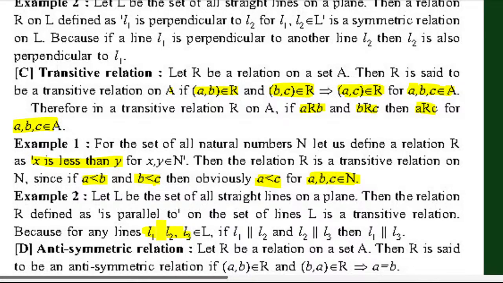If one line is parallel to the other and the other is parallel to the third one, then the first and the third are parallel. L1 is parallel to L2, L2 is parallel to L3, so L1 will be parallel to L3. Such types of relation are your transitive relation.